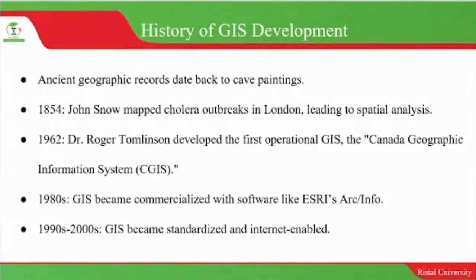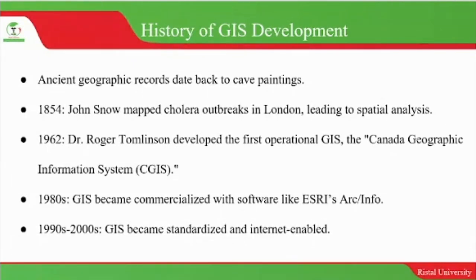So in 1962, we have Dr. Roger Tomlinson developing the first operational GIS, called the Canadian Geographical Information System. This system contained the geographical information of Canada. In other words, you're gathering all the geographical information about Canada to help you analyze, predict, and make informed decisions.